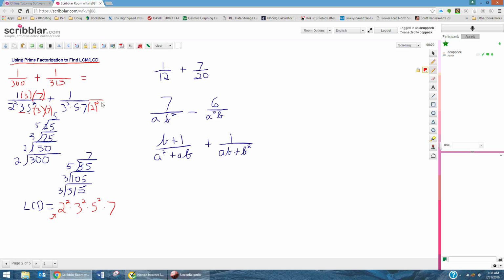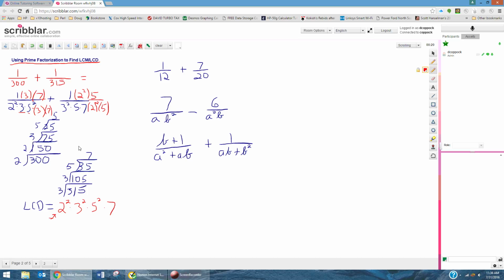I already have a 5, so I have to multiply by 5. And I already have a 7. So this matches: 2 squared, 3 squared, 5 squared, and a 7. So I have to multiply top and bottom by 2 squared and by 5.